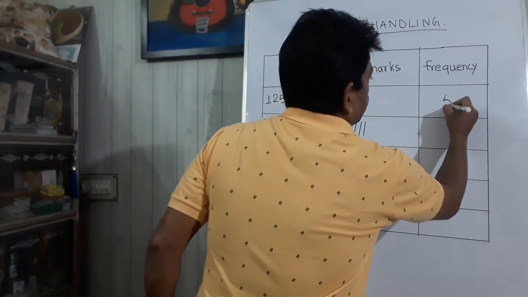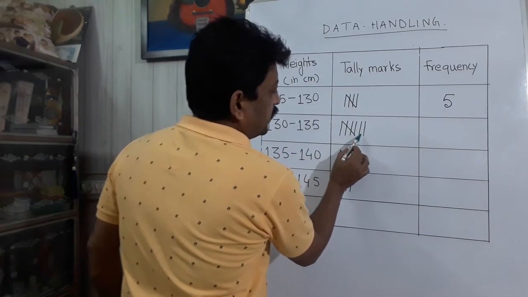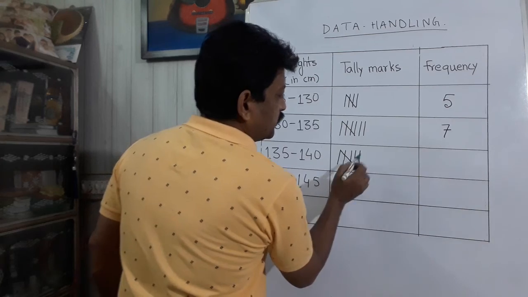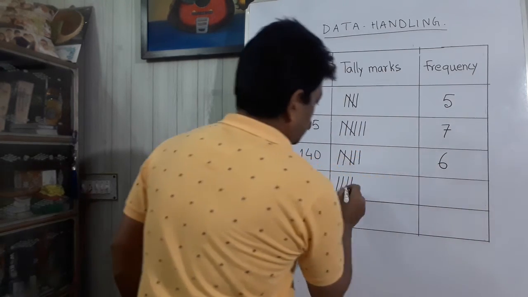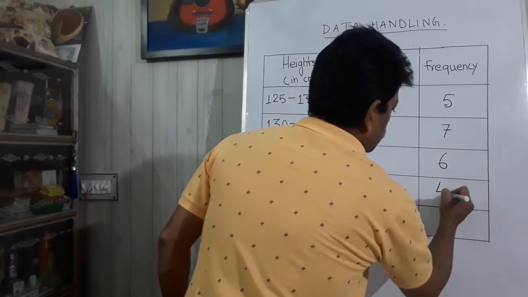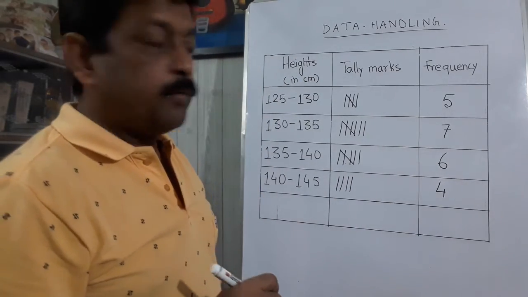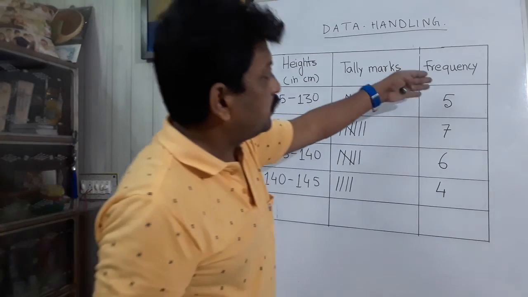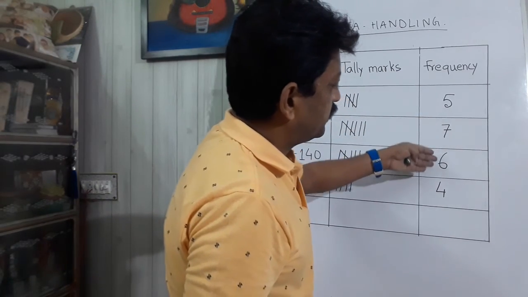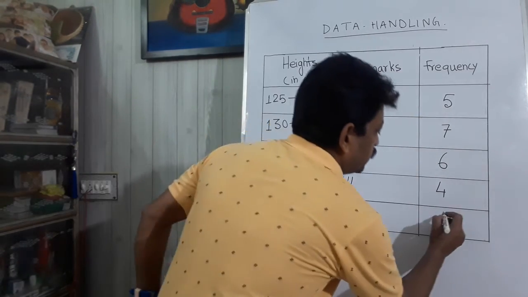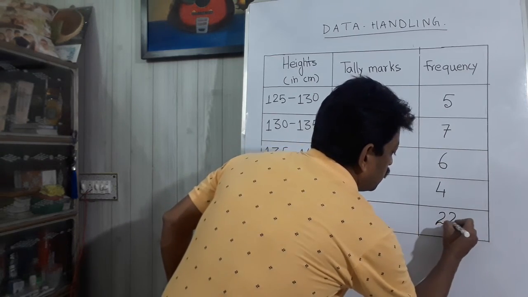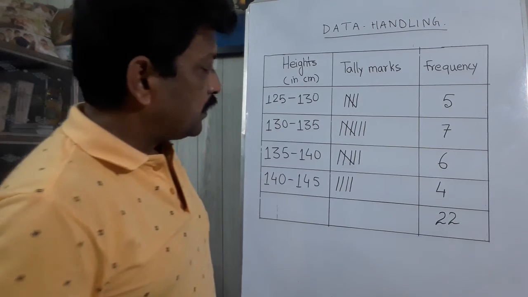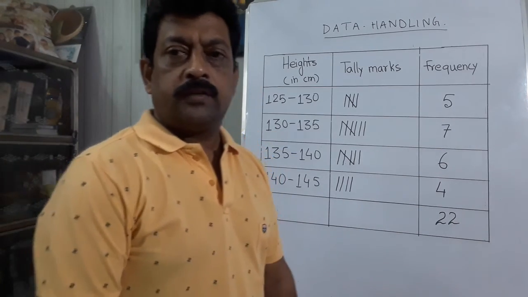So 5 here. Then 5 plus 2, 7. 5 plus 1, 6. 4. So the question was about 22 students. So we have to count it. 5 plus 7 is 12, 12 plus 6 is 18, 18 plus 4 is 22. Means our answer is correct. Answer correct means the total observation is correct.